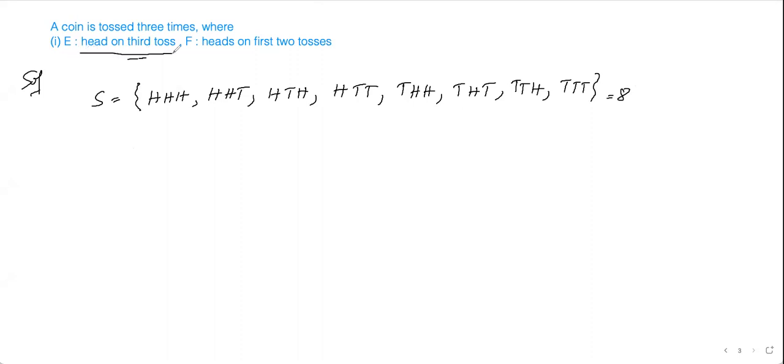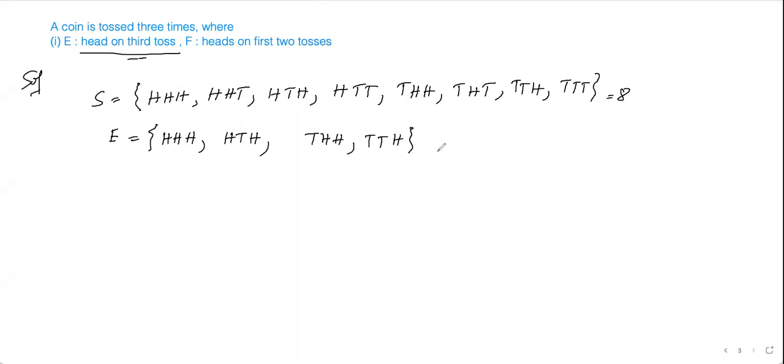Now head on third toss. Let us write down: head, head, head; head, tail, head; tail, head, head; and tail, tail, head.